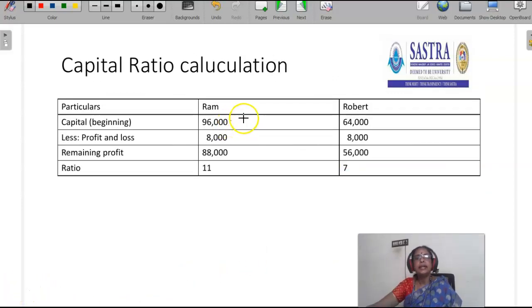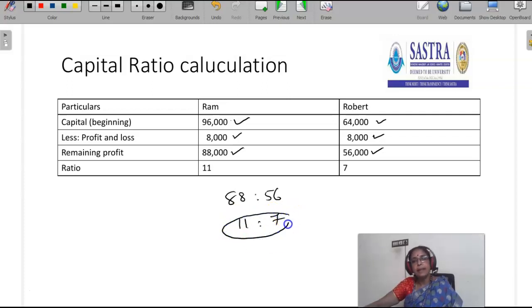Capital in the beginning is 96,000. We have to deduct the P&L account. Profit and loss account is 8,000. Okay, this is a loss because it is given under the asset side. If we deduct, we will get 88,000 and 56,000. So the ratio between 88 and 56 is 11:7.